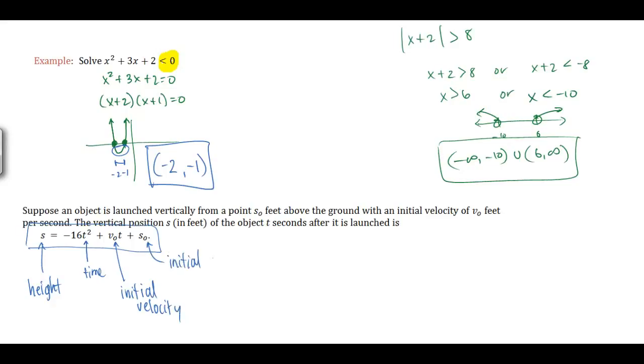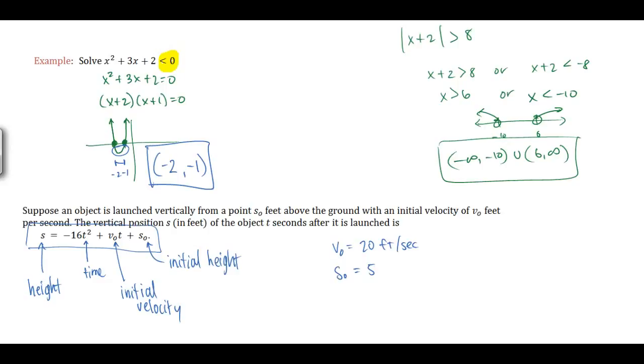So let's just say that I throw a baseball from 5 feet off the ground at a speed of 20 feet per second. If you had that information, your initial velocity would be 20 feet per second, and your initial height was 5 feet off the ground.